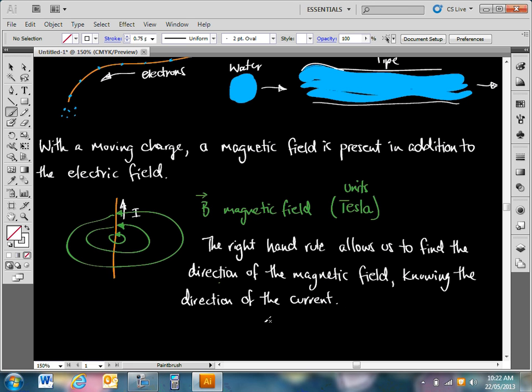So when I say current, remember that I'm talking about conventional current.